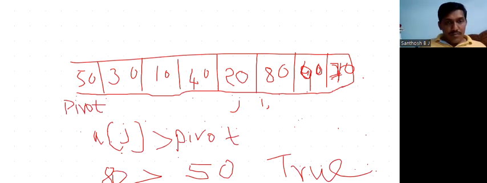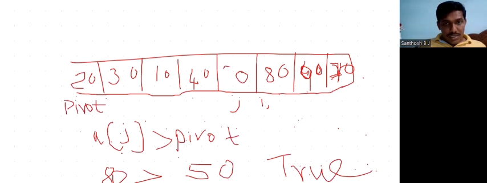So now what happens to the pivot value? The pivot value here is 20, and the J value is 50. I think that is understood now.